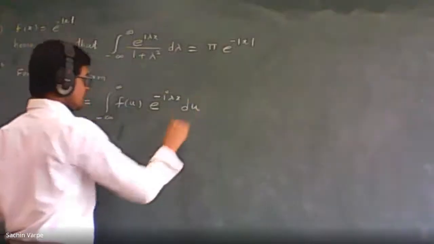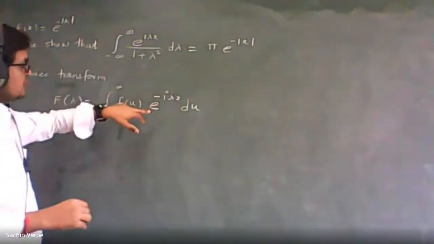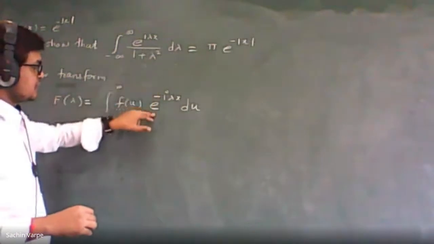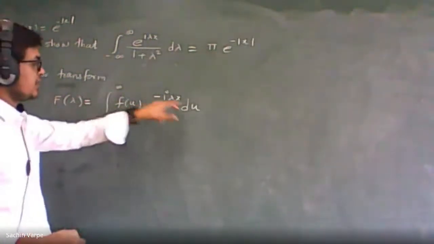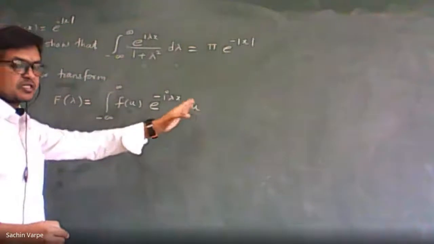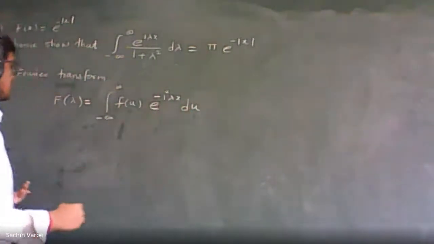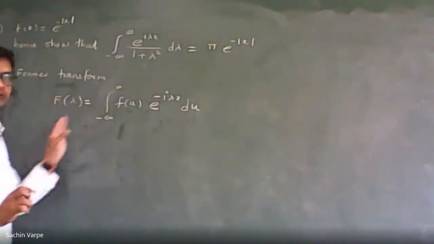These are the points of confusion: whether to consider the exponential term as e raised to minus i theta or plus i theta, and whether to consider the variable of integration as lambda or u. So this is the formula to find the Fourier transform.